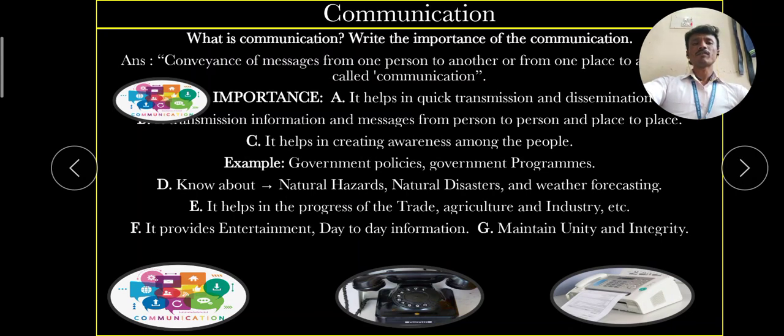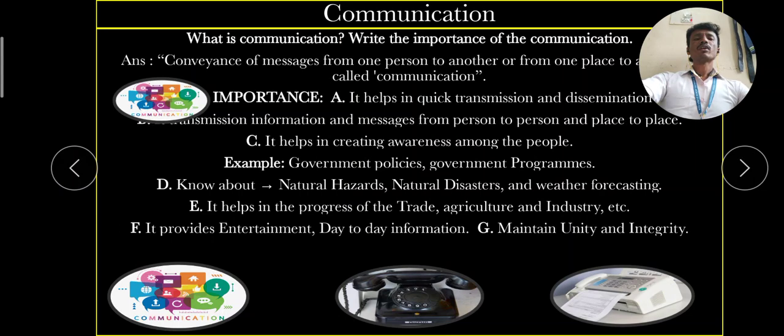We get everything through communication, and it helps maintain unity and integrity. So this is about communication. Based on that, what is communication and explain the importance of communication.